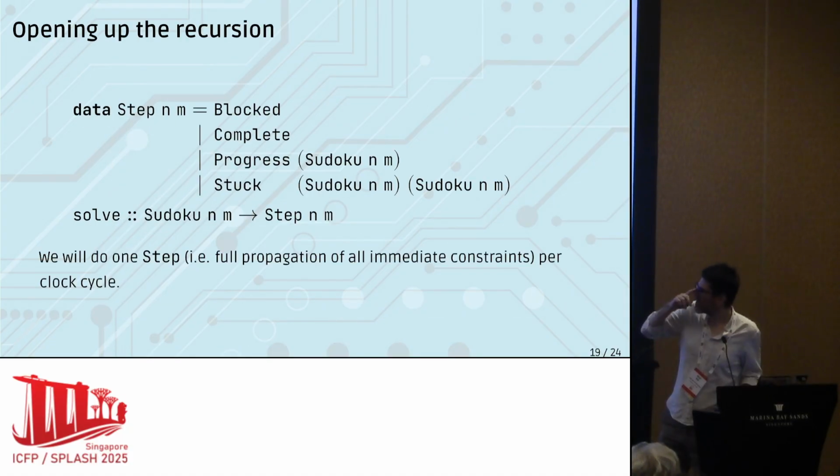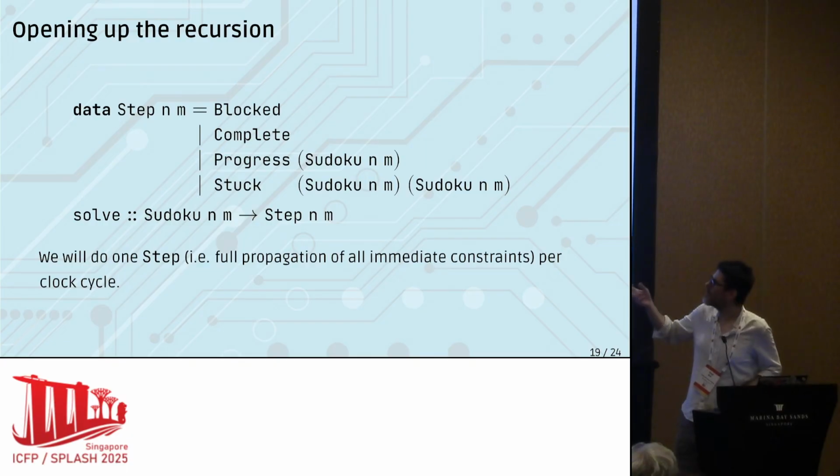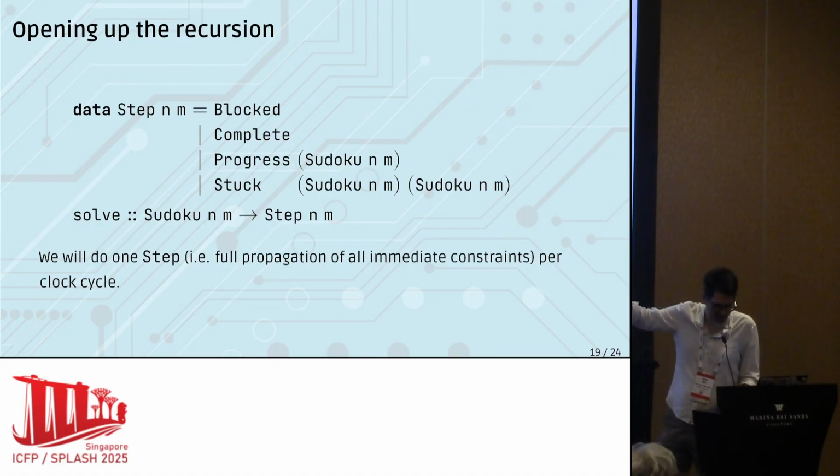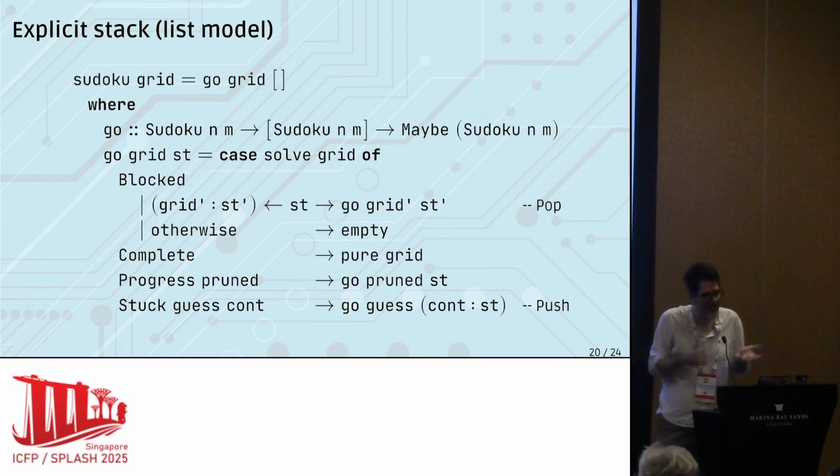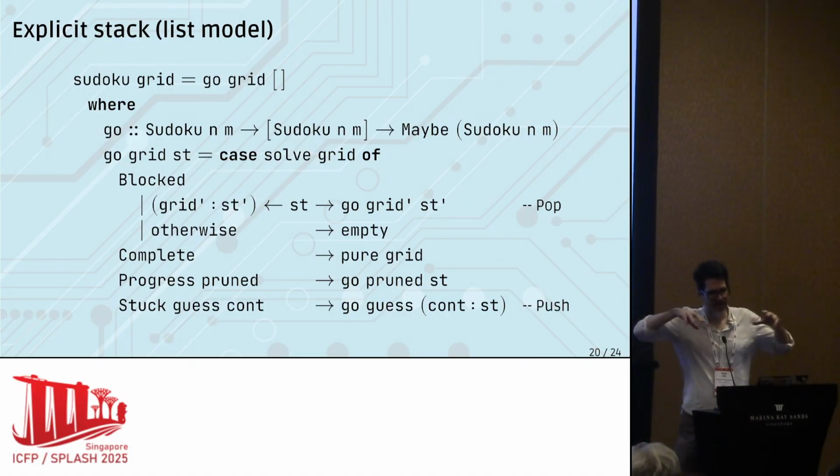And for the non-tail recursive part, first of all, we make a pure function. This is still in the world of pure functions that does one step of this recursion. And this is what we are going to do in a single cycle. Then we write some stuff around it that implements a stack of these.